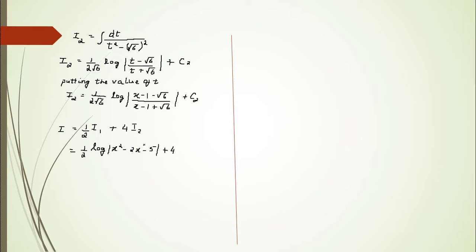I2 is 1 by 2 root 6 into log of x minus 1 minus root 6 by x minus 1 plus root 6, right, plus c, where c is equal to c1 plus c2.